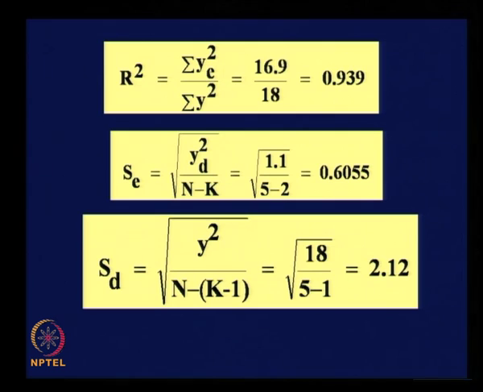So if SE is less than SD, we can say that it is good or bad? Good. Okay. SE in this case is less than SD, hence it is okay. There is another way of looking at the correctness of your regression analysis. Compare SE and SD value.